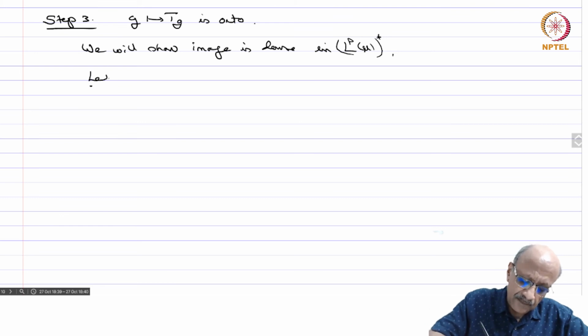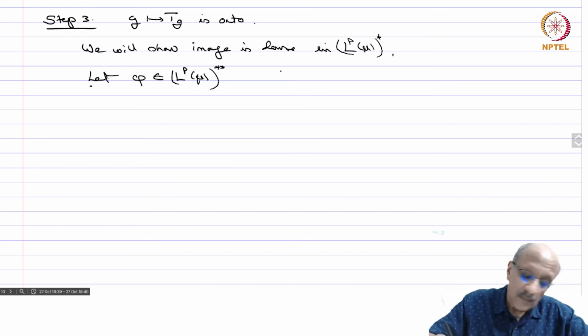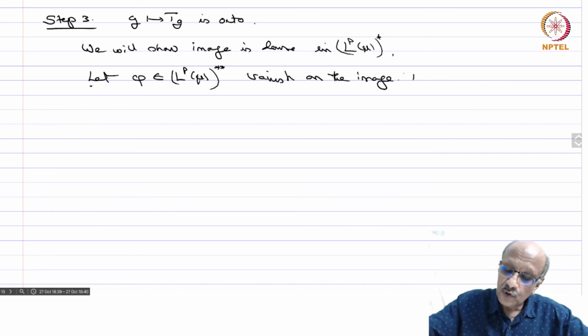So let phi belong to Lp mu double star, vanishing on this image. We need to show phi is identically 0.